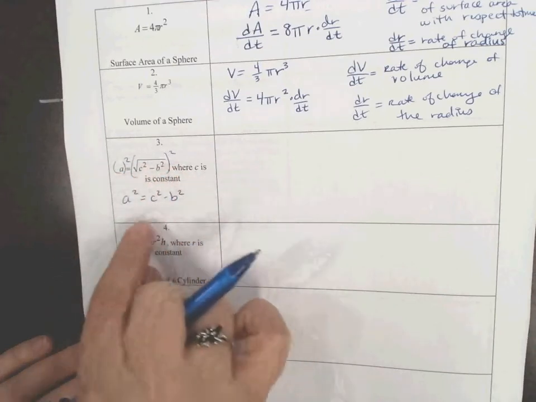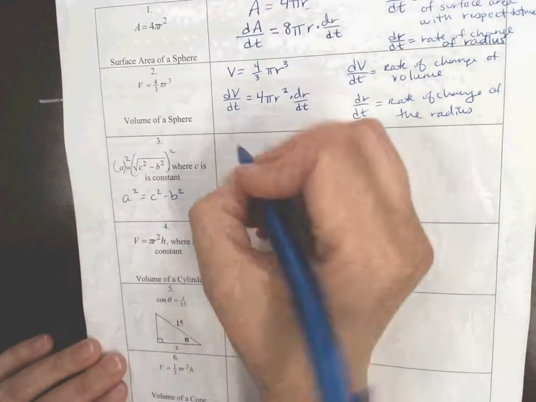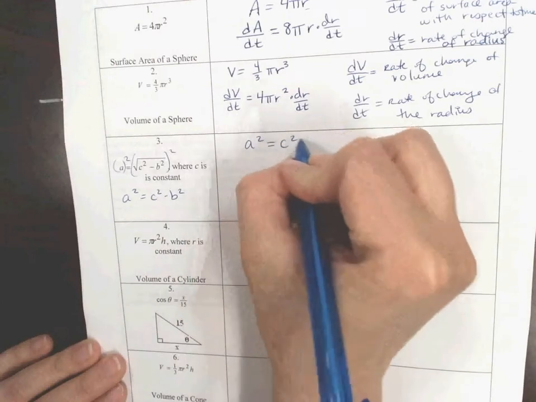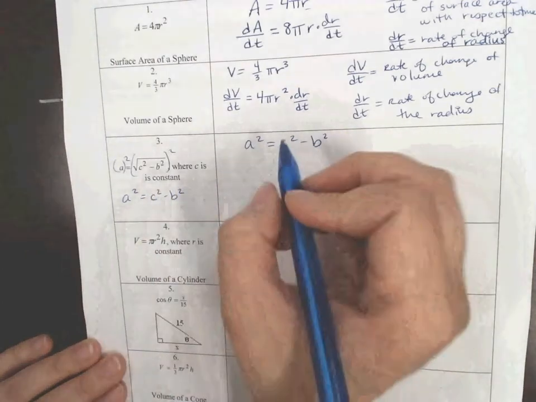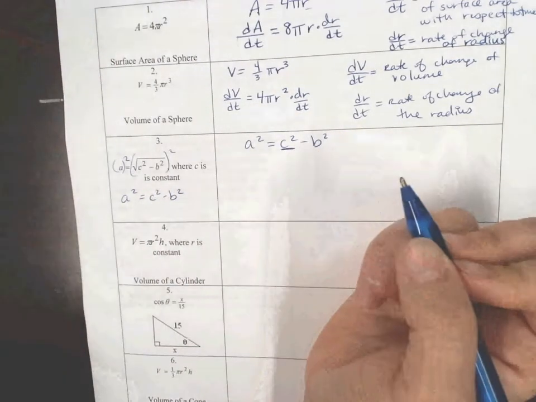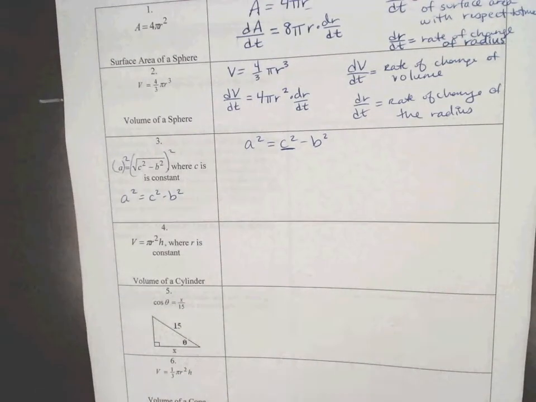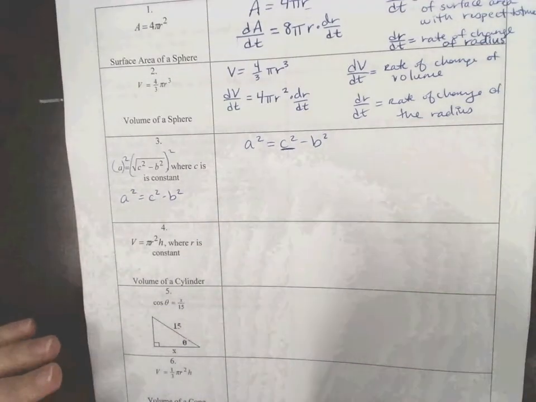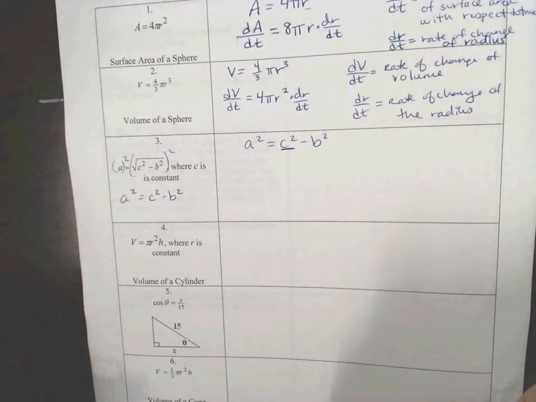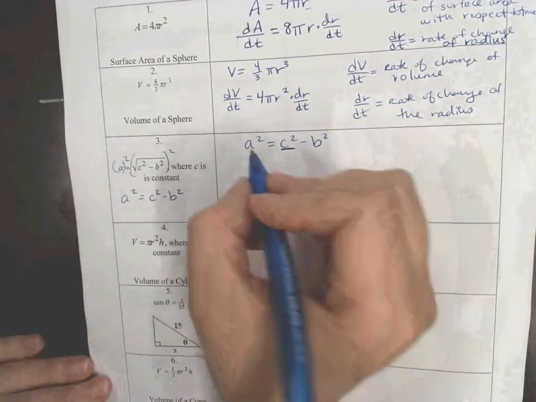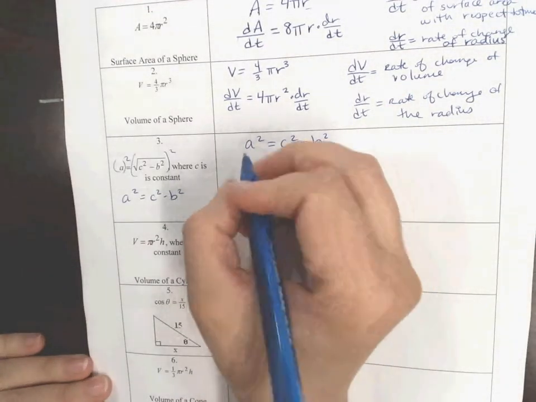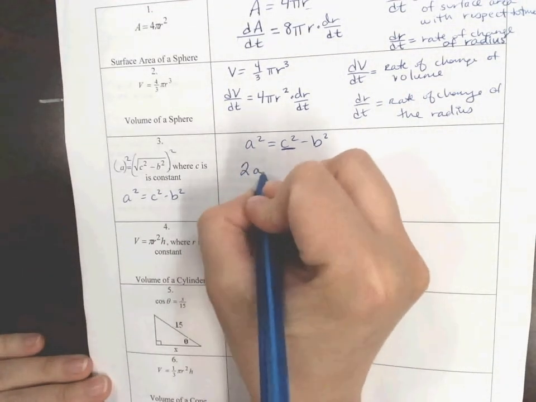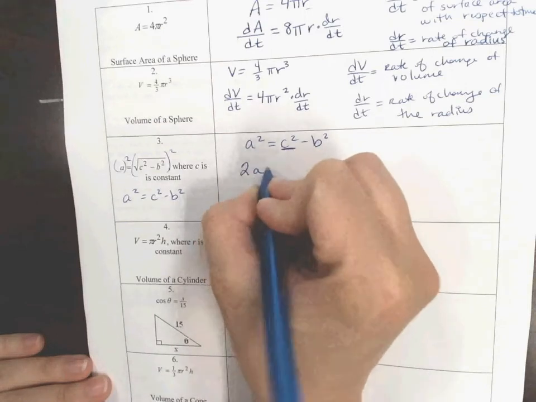Okay. So now I'm going to take the derivative of a squared is equal to c squared minus b squared. But they said c is constant, and that's important. That means that c is just like 5 squared, and the derivative of a constant is going to be 0. So you're going to want to pay really close attention when you're taking the derivative of a constant. So a squared, the derivative of that is 2a, and then since that's not a t, we put dA dt.